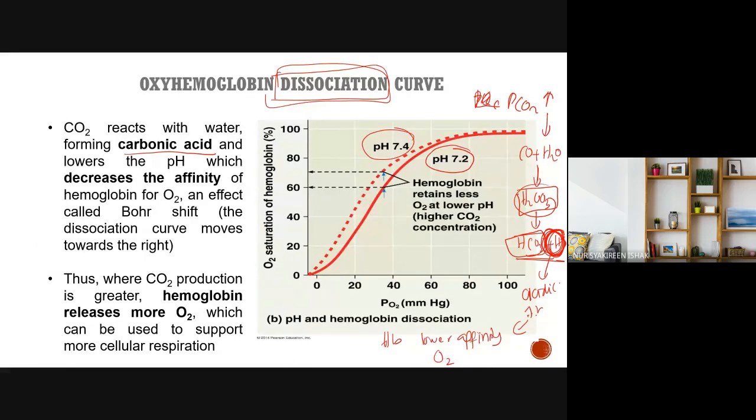Okay, so maksudnya hemoglobin akan release more oxygen to your body tissue at the point of your body tissue that requires more oxygen. Okay, so which decreases the affinity of hemoglobin for oxygen, and this effect we call the Bohr shift. Okay, Bohr shift. The dissociation curve moves towards the right.